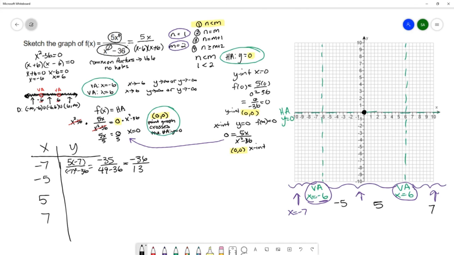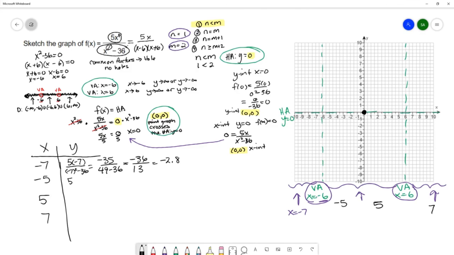And we're going to get an approximation of that with our calculator. -35 over 13, we get a -2.7. We'll do the same thing with the rest of the values.